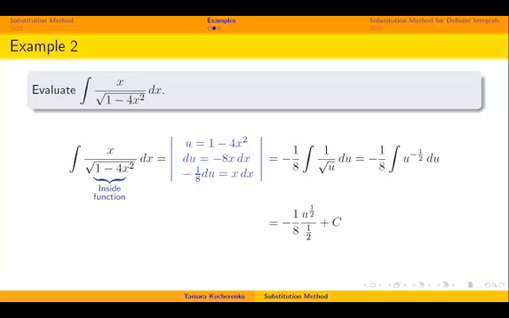This simplifies to negative 1/4 square root of u plus c. Now we return to the original variable x by replacing u with 1 minus 4x squared. The final answer is negative 1/4 (1 minus 4x squared) to the 1/2 plus c.